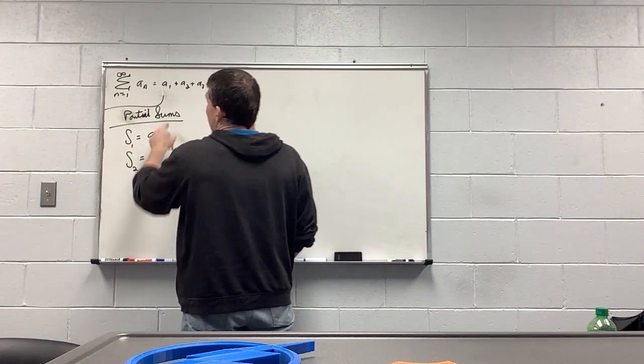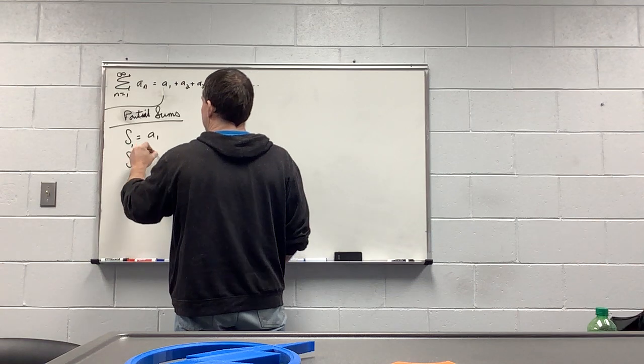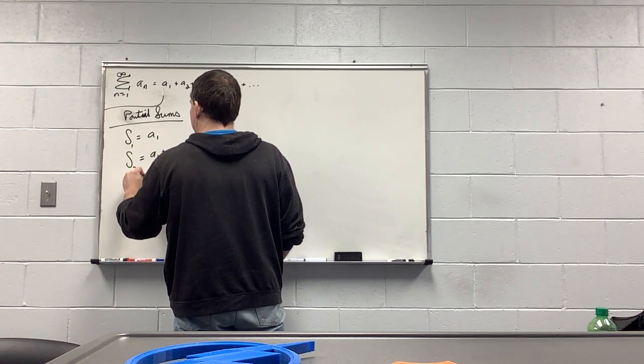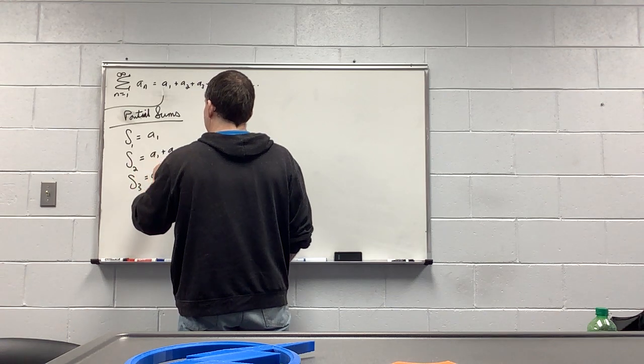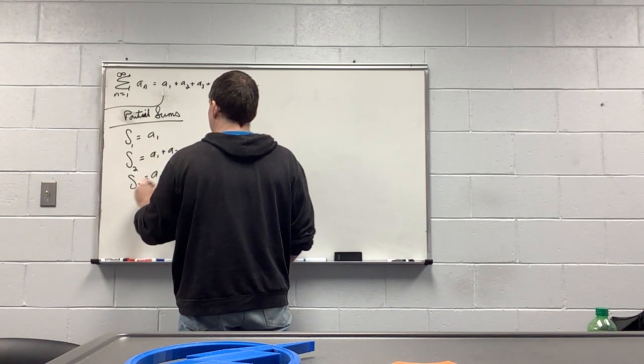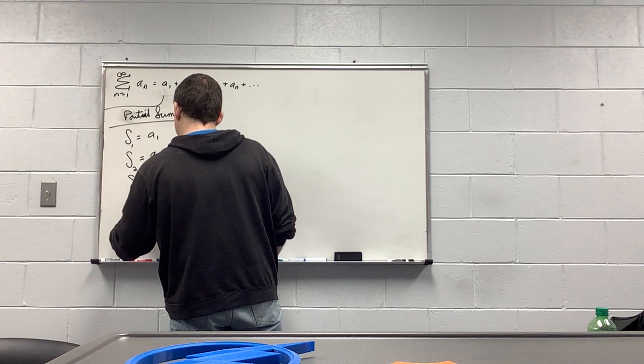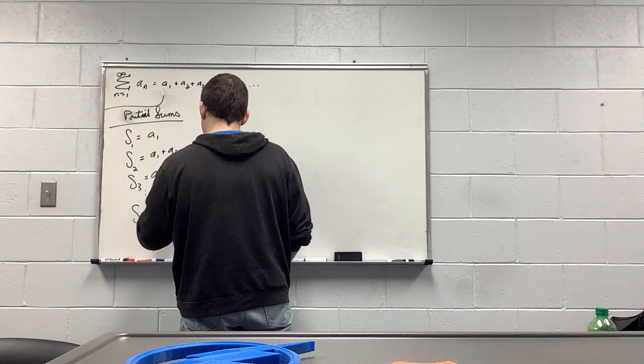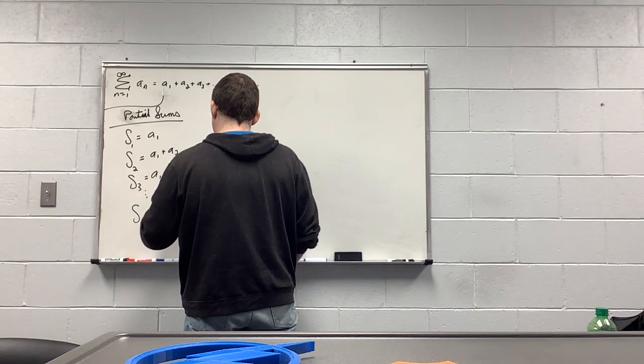S sub 2 is the sum of the first two terms, a sub 1 plus a sub 2. S sub 3 would be a sub 1 plus a sub 2 plus a sub 3. And so on. I can have s sub n, which will be the sum of the first n terms.